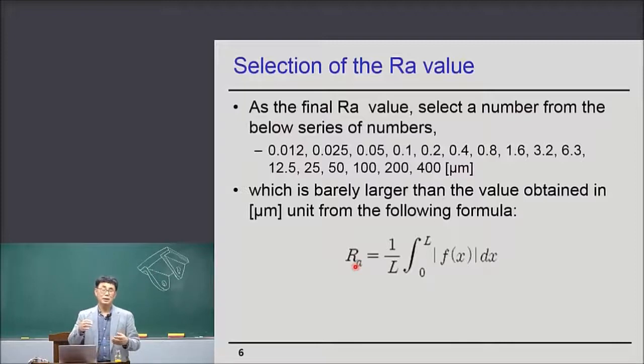So maybe those Ra numbers may be 1.2 micron, the other is 1.3, the other is 1.2, the other is 1.4. Then 1.6 is barely larger than those values, 1.2, 1.4, 1.3, right?